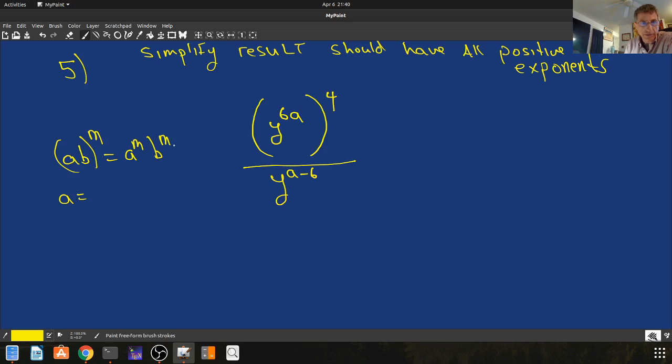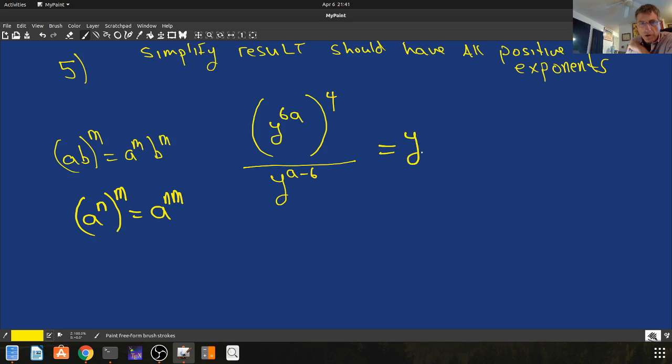And we also have another one, a raised to the nth power, raised to the mth power, is equal to a to the n times m. So that's what I'm going to use up here.